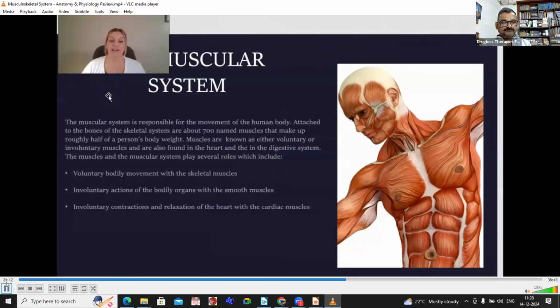Muscles are known as either voluntary or involuntary and are also found in the heart and in the digestive system. The muscles play several roles, which include voluntary bodily movement with skeletal muscles, involuntary actions of the organs with the smooth muscles, such as within the digestive tract, and involuntary contractions and relaxation of the heart with the cardiac muscle.